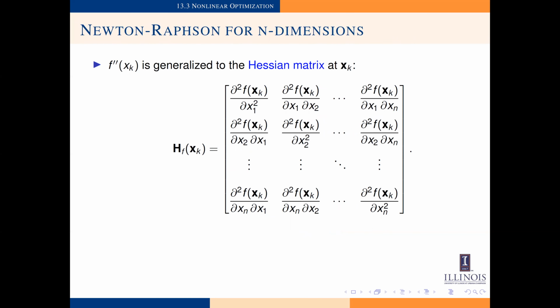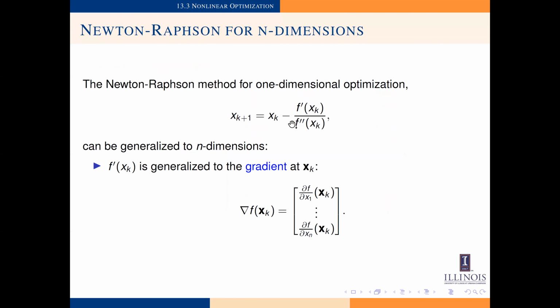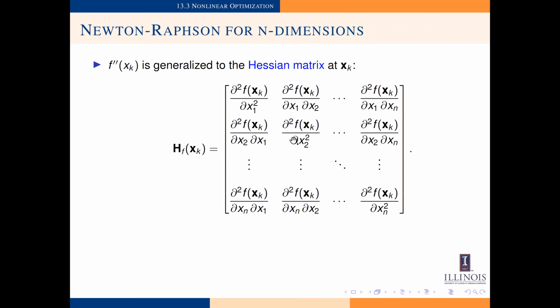And the second derivative of f evaluated at xk, which is here in the denominator, is generalized to n dimensions to the Hessian matrix evaluated at xk. So that's quite a bit of multivariate calculus review over here.